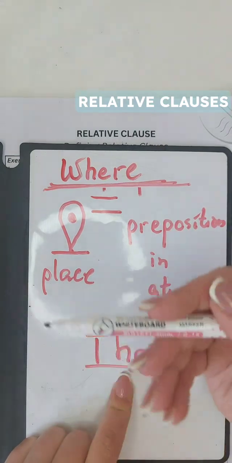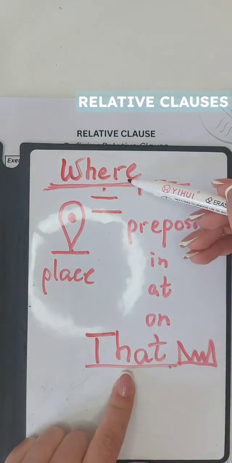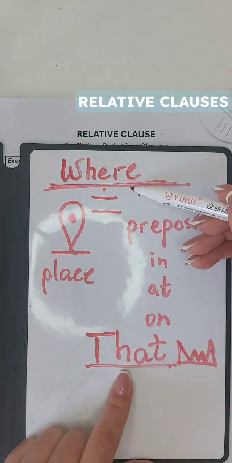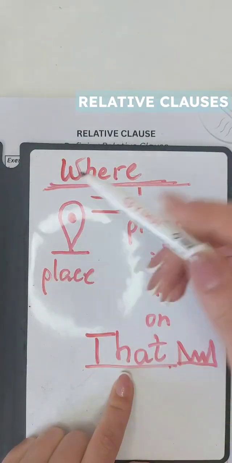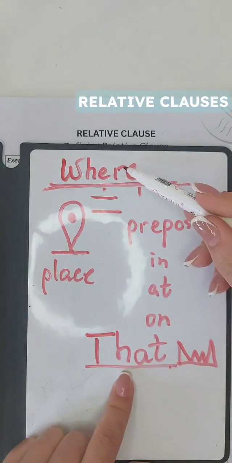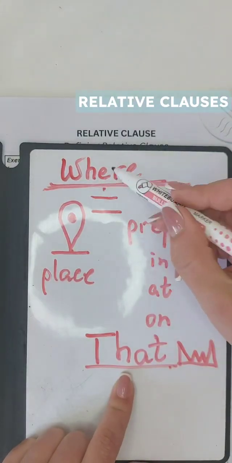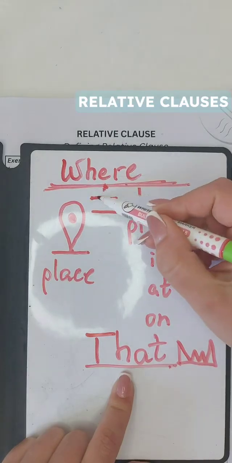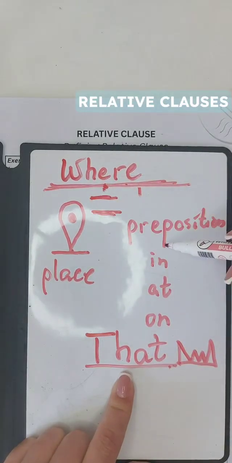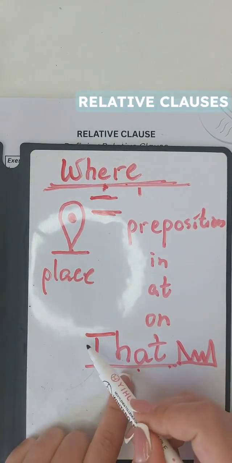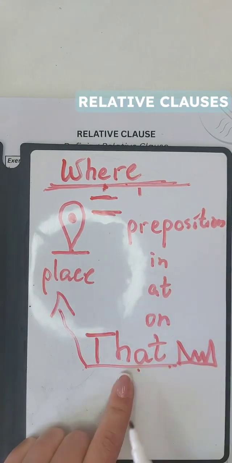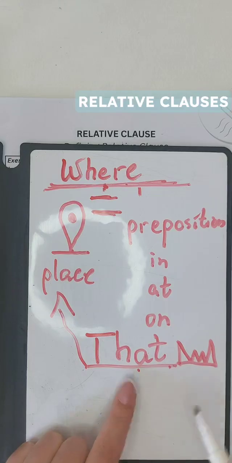We can even use that instead of where. But when we use that instead of where, then we need preposition, okay? Where equals place and preposition, that replaces only place, but not preposition, okay?